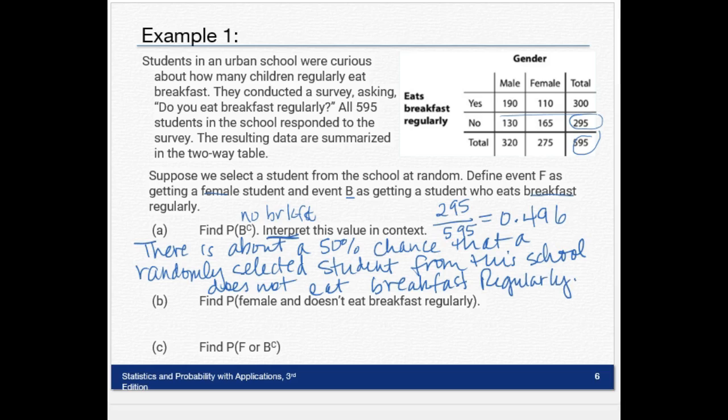All right, so that's how you would interpret a probability. But notice I included randomly selected, and then this part is context, right? A lot of context.